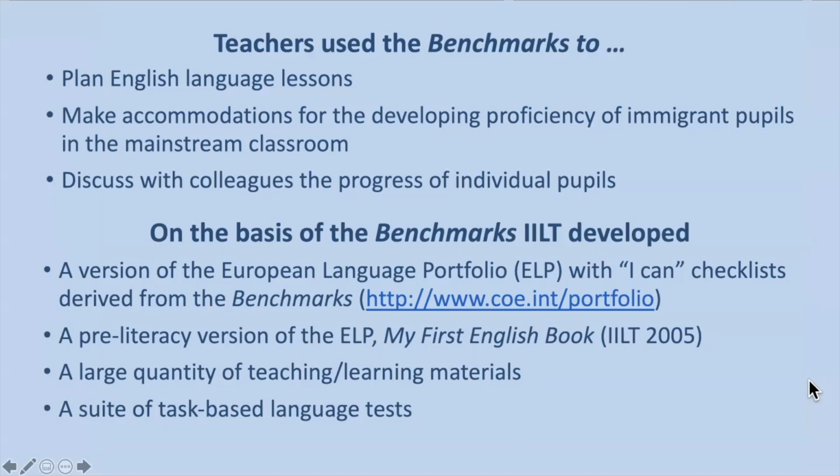On the basis of the benchmarks, IILT developed a version of the European language portfolio with I can checklists derived from the benchmarks, a pre-literacy version of the ELP, which we called My First English Book, a sort of coloring book, a large quantity of teaching and learning materials, and a suite of task-based language tests.